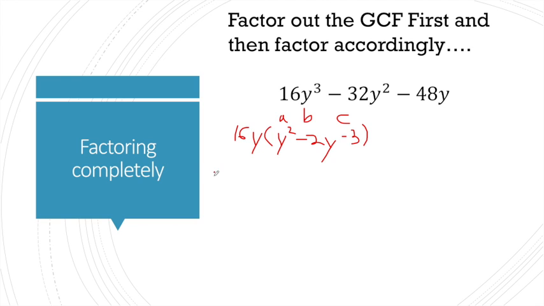So I need to find the factors of AC, which in this case is 1 times -3, so -3, that add up to B, which is -2.